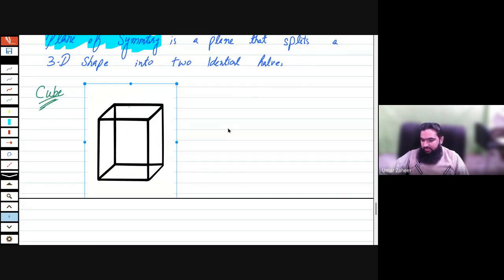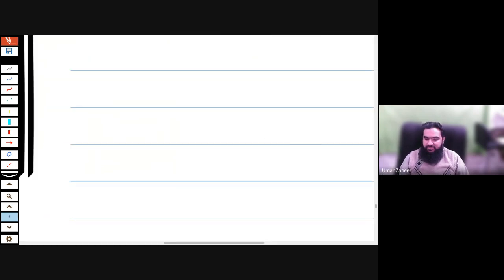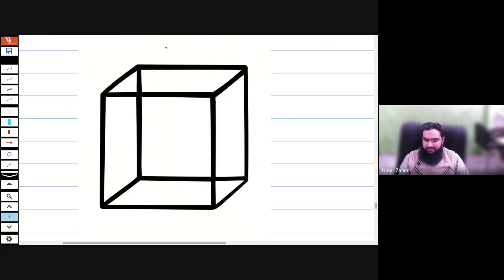Obviously the edge lengths are going to be equal. If I make a plane here, just at the middle of the cube, obviously it is a plane.